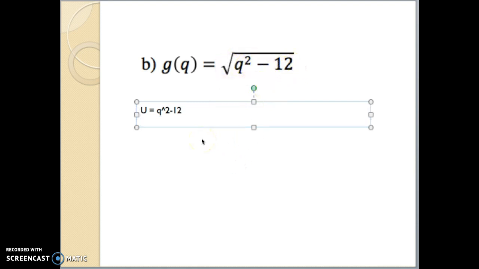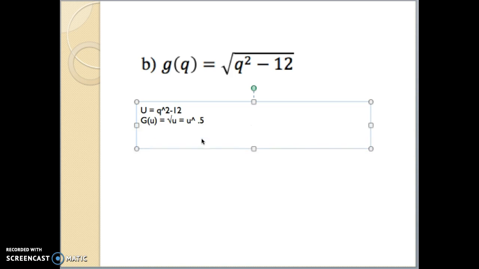And then what I would have left is my g of u is equal to the square root of u, which we probably should write as u raised to the 0.5, because it's easier to take a derivative of that way.